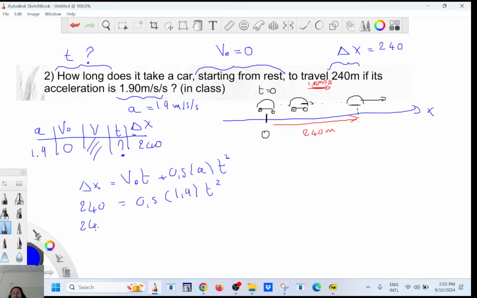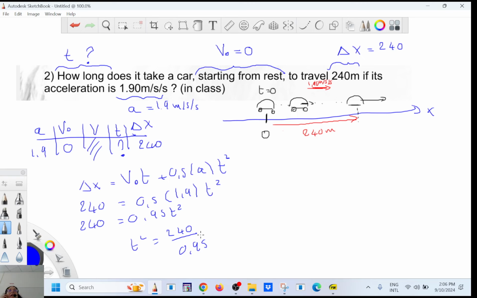Okay, 240 equals 0.95 t squared. So t squared equals 240 divided by 0.95, and you take the square root. Is that right or did I make a mistake?